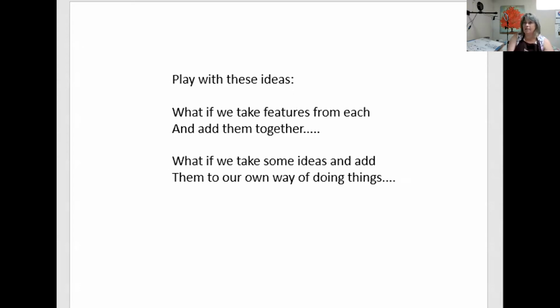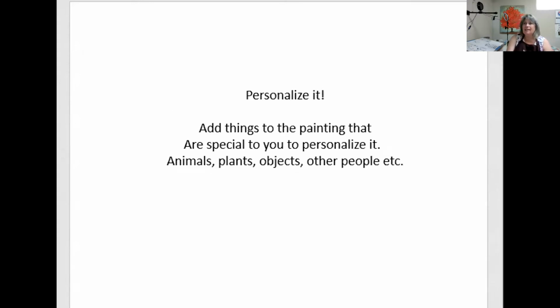Okay, throw out the things you don't like. Like, one of the things that I don't like about Picasso is that the images are quite grotesque often, which is not appealing. I don't want grotesque. I just want fun. Okay, and personalize it. Add the things that are special to you, that have some kind of meaning to you.